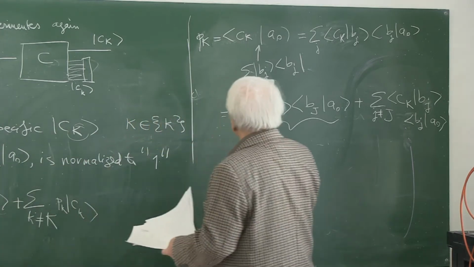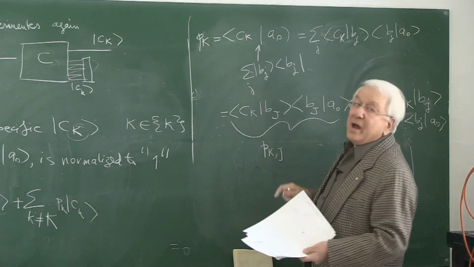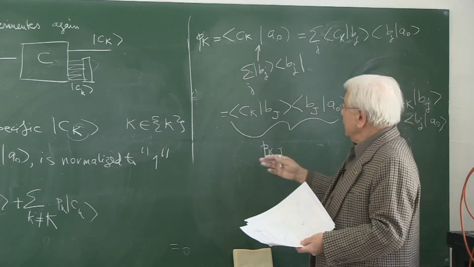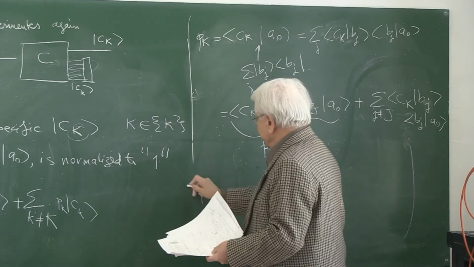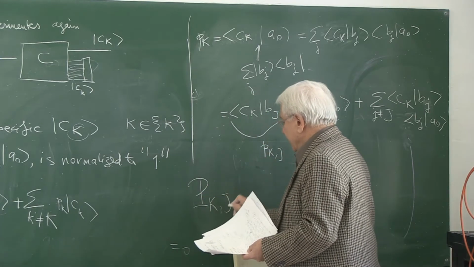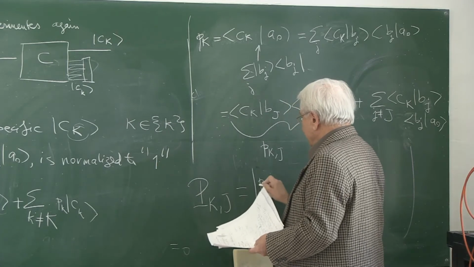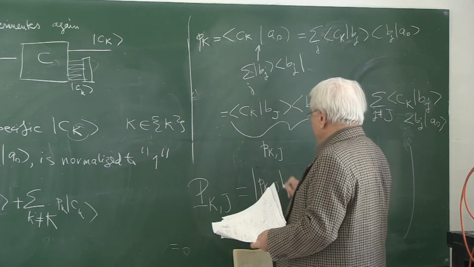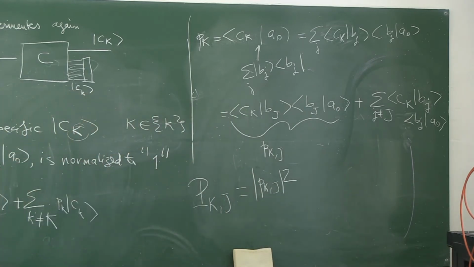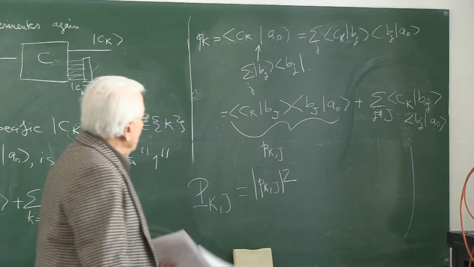So that's the reason why I go to the sub-weight, not the full weight, just focusing on this. So what is this then? The probability associated with this, which I denote with the capital K and J as little p_kJ mod squared, and that is this expression, mod squared.